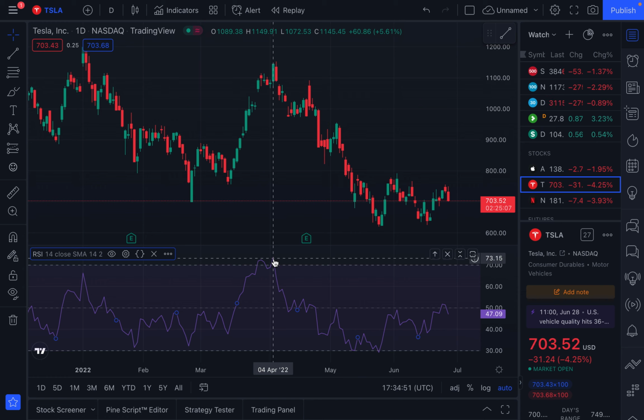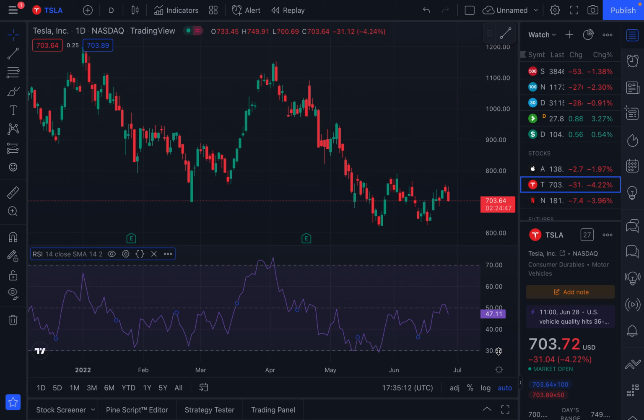If we take a look here on April 4th, it looks like the RSI of Tesla was 73. Again, generally speaking, anything higher than 70 suggests potentially a stock is overvalued or has been overbought. On the other end, we see there's another dotted line down here at 30.